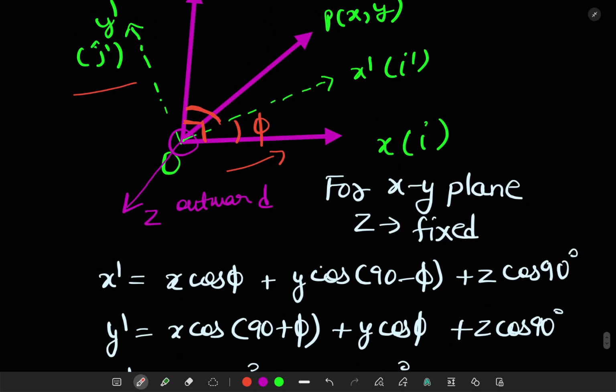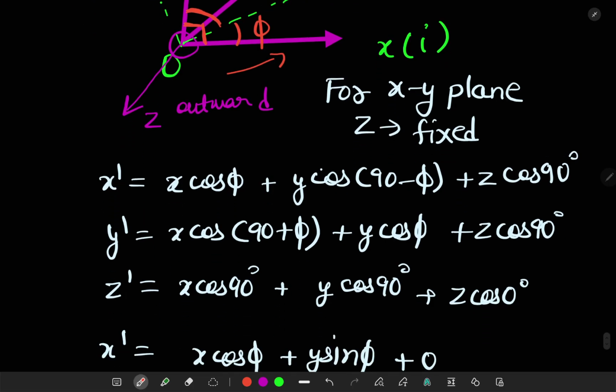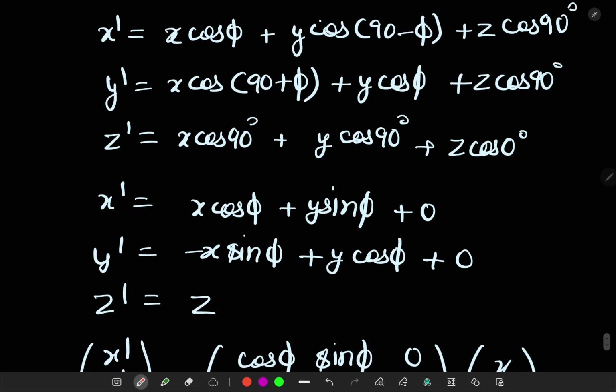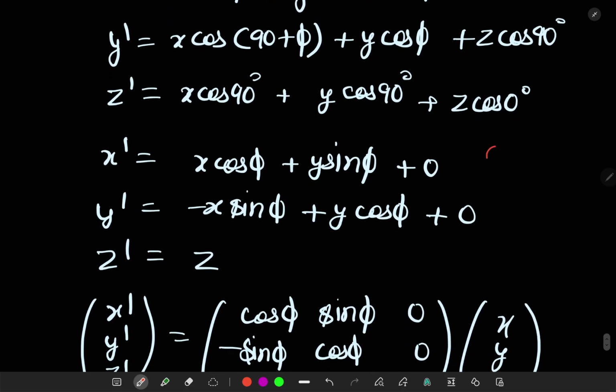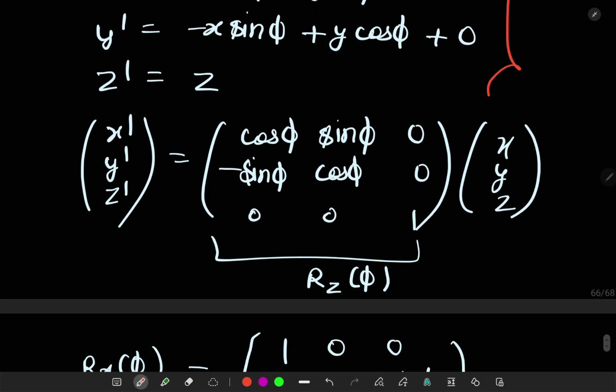Now using this figure, we calculate the value of x dash is equal to x cos phi plus y cos (90 minus phi) plus z cos 90, and similarly for y dash and z dash.